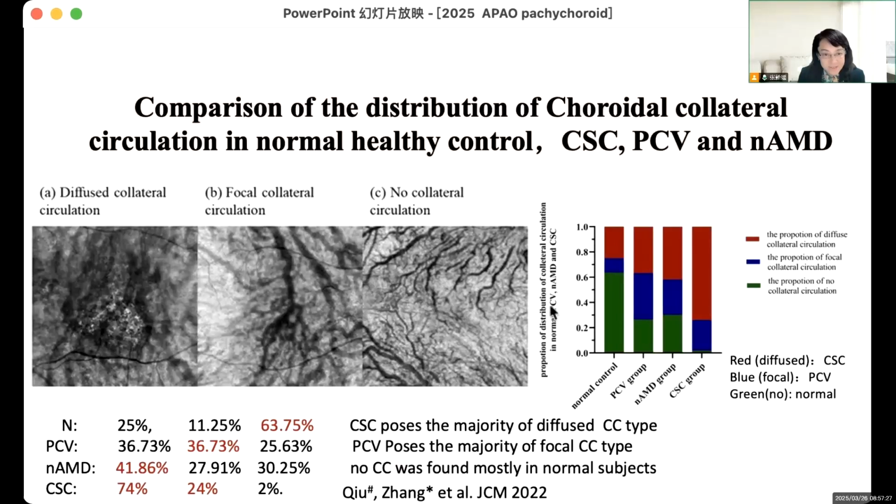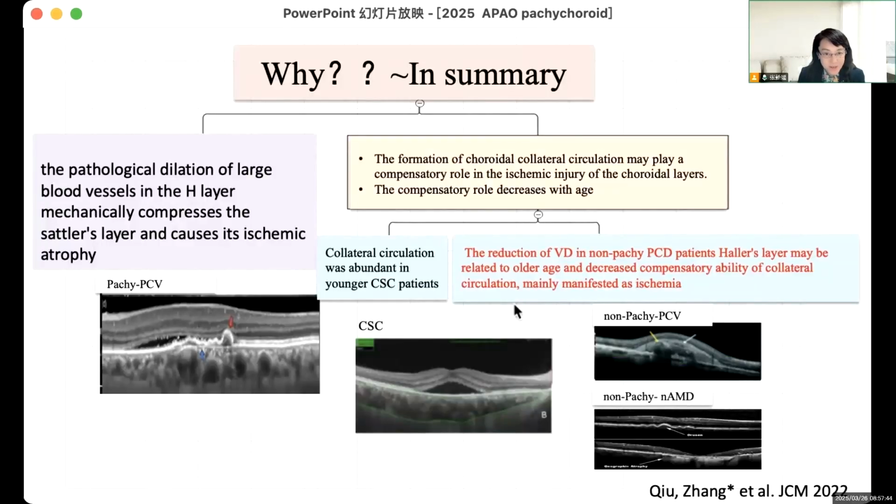From our next study, we found that CSC possesses mostly diffuse choroidal collateral circulation, PCV possesses mostly local collateral circulation, and no collateral circulation was found mostly in normal subjects, indicating that the decreased compensatory ability of collateral circulation and choroidal blood vessel remodeling contribute to the different phenotypes in pachychoroid patients.